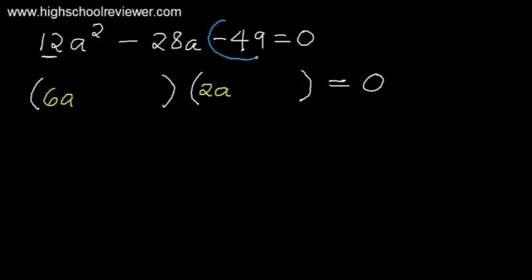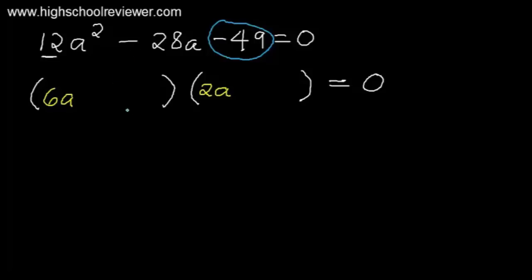Our third term is negative 49. And then our third term here has a negative sign, and our second term has a negative sign. So what we are going to do with this is that we need to choose 2 numbers wherein the larger number will be negative, since our second term here is negative.